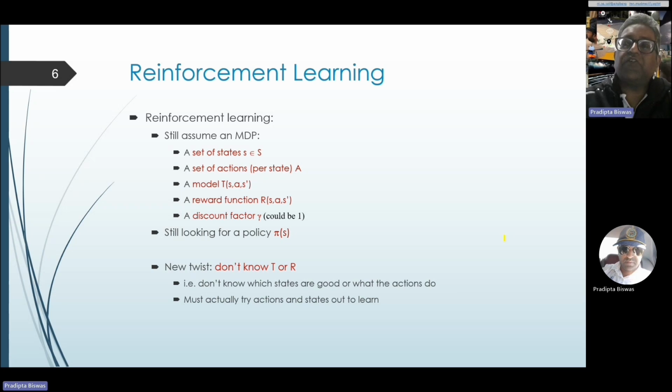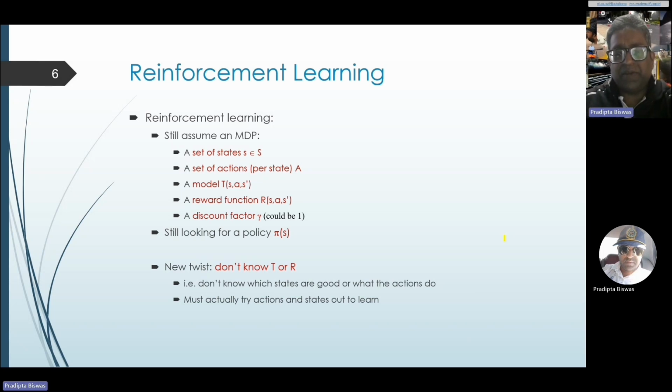But in reinforcement learning, or just like our previous value or policy iteration algorithm, we will consider a probabilistic agent, that there will be a non-zero probability that if the agent tries to execute action A at state S, it may not reach state S dash, it will reach a different state. And then there will be a reward function.